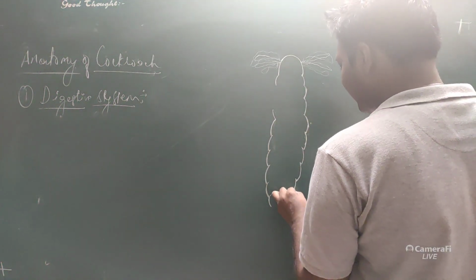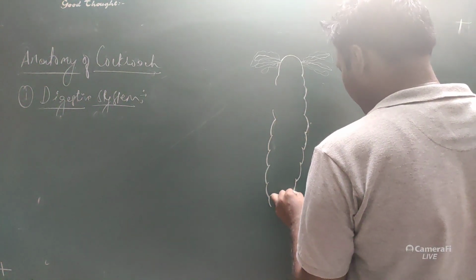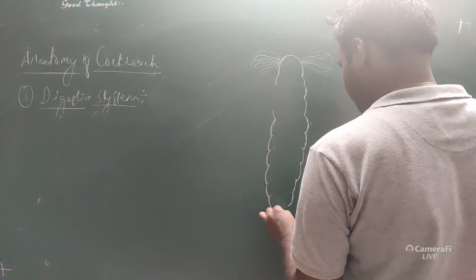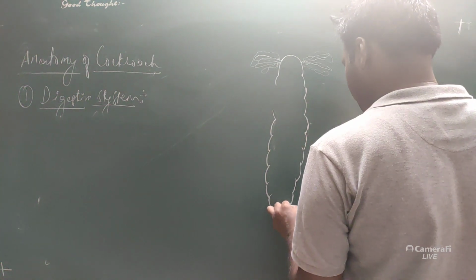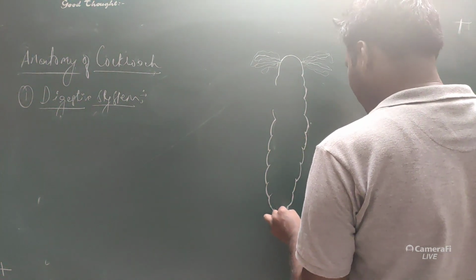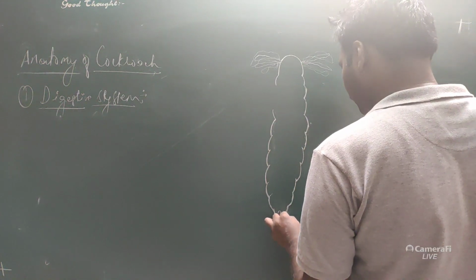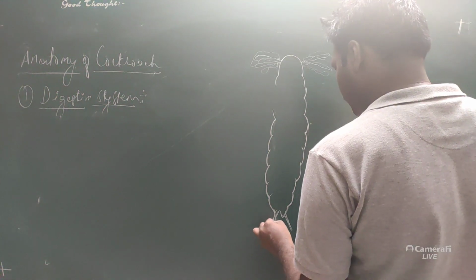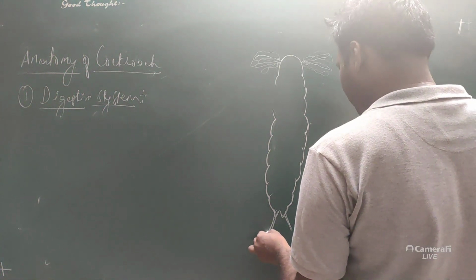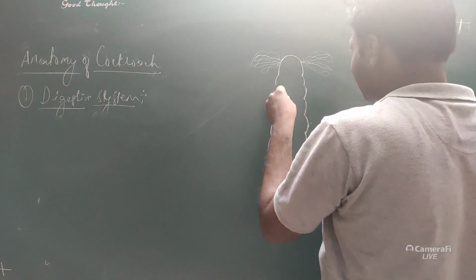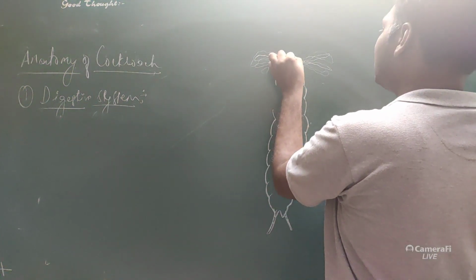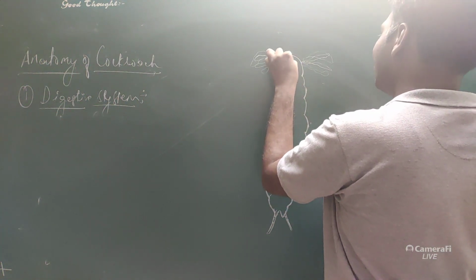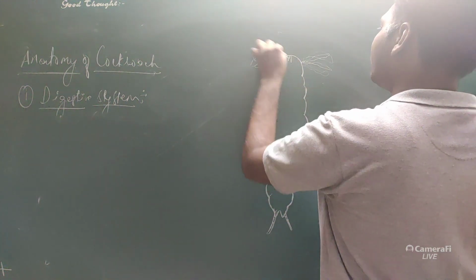So you can see the body is divided into different segments. It consists of the anal cerci, and the alimentary canal, which starts with the mouth over here, and next to that is the pharynx.